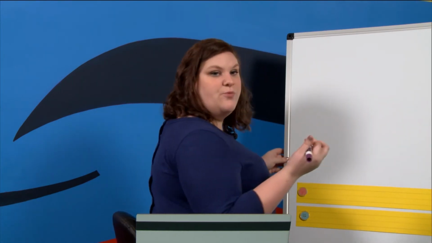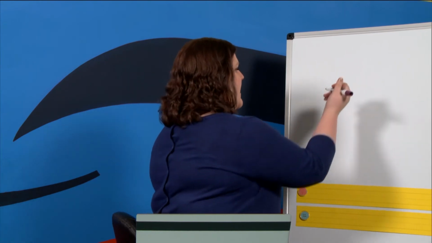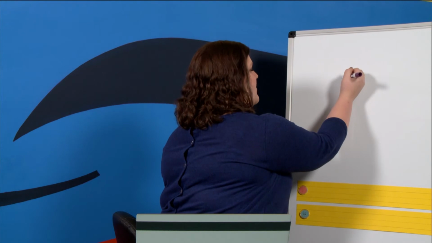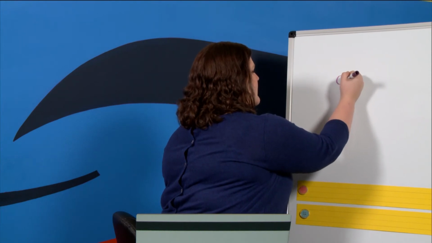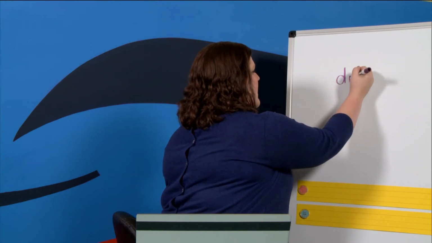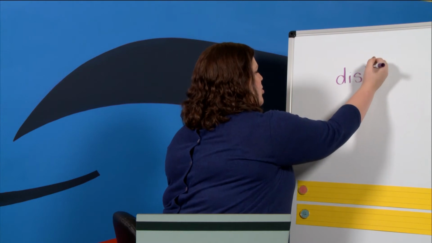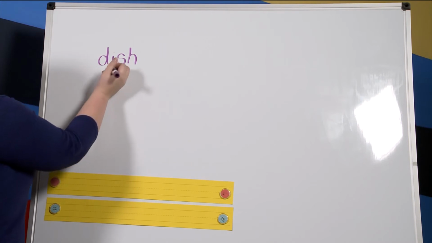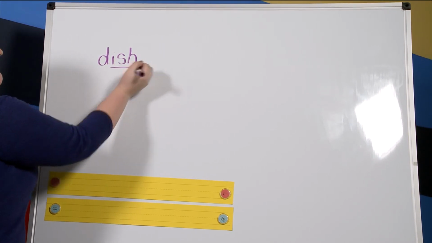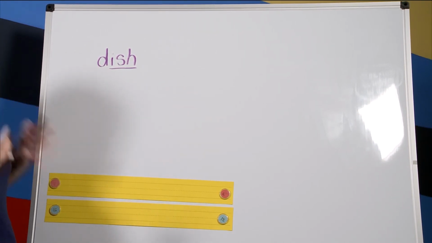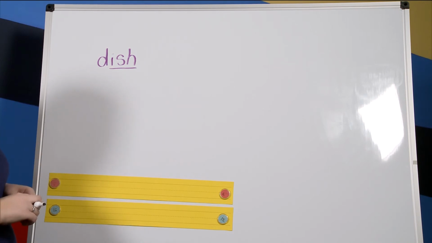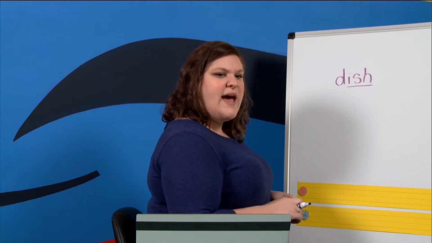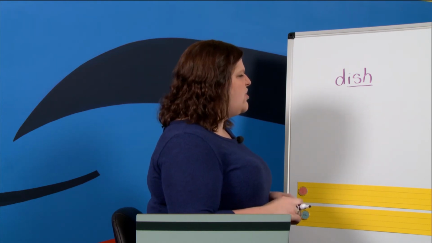The first word we're going to make is dish. Dish. So I know dish is d, i, sh. And I have my digraph, sh. So every word that I make is going to end in ish. What's another word that rhymes with dish?